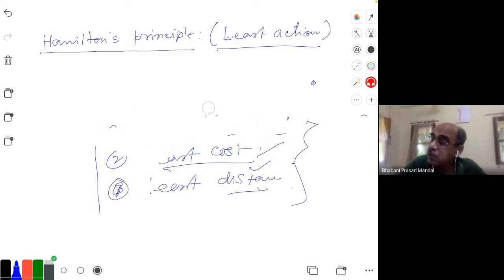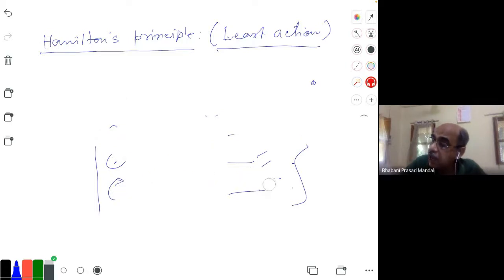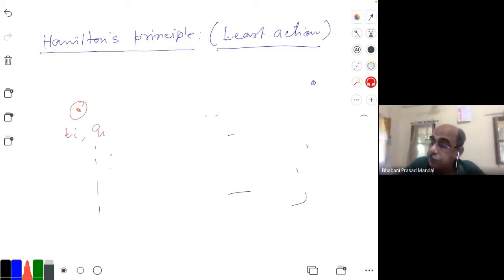So Hamilton's principle says, suppose I have a system at an initial time, t initial, described by q_i, where i equals 1 to s, because there are s degrees of freedom. Now this is my later time, t final.